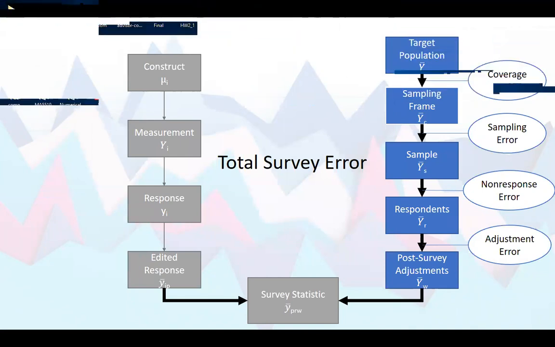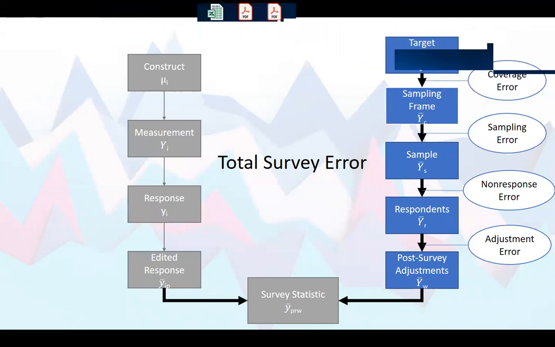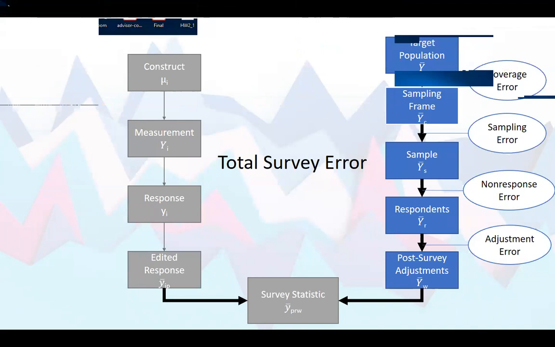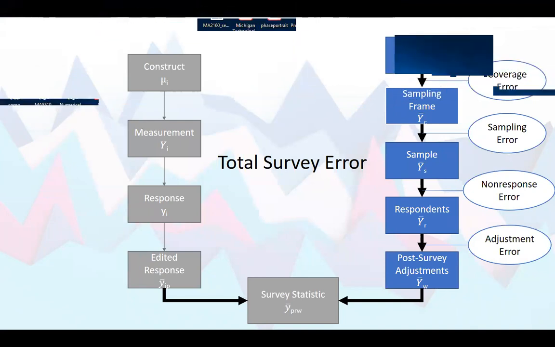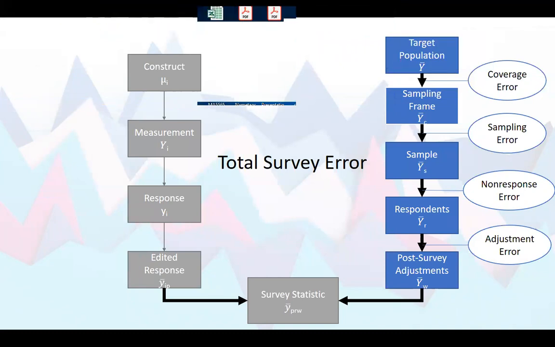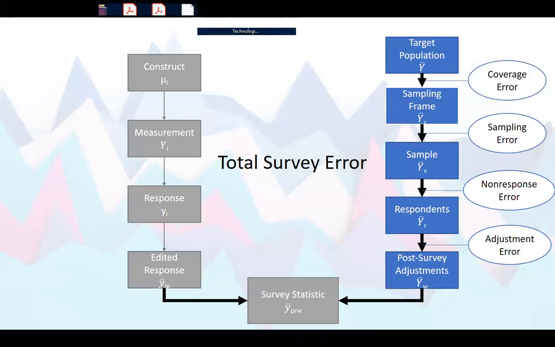And that is basically a summary of this right-hand side when it comes to representation. So all the ways you could go wrong when it comes to misrepresenting the data based on your sample include coverage error, sampling error, non-response error, and adjustment error. And the complicated thing is that some of these things influence the others, and some of the decisions you make about minimizing certain aspects have impacts on the others.